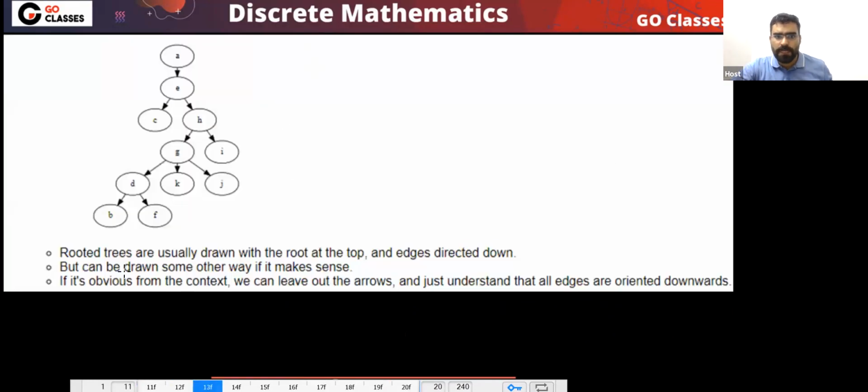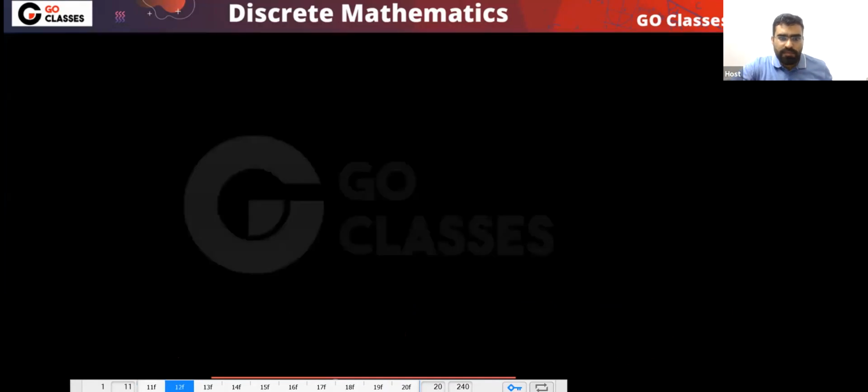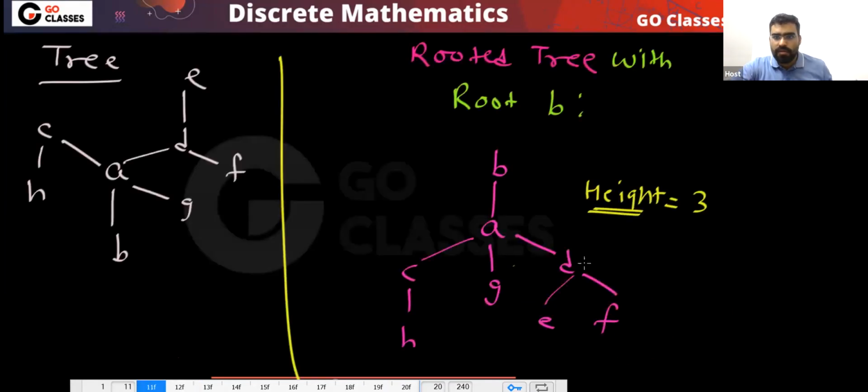You already know a rooted tree is a directed graph. This is a directed acyclic graph. I told you a binary tree is a rooted tree. Yes or no? Binary tree, that is a rooted tree. And tell me, what is the degree of this node?